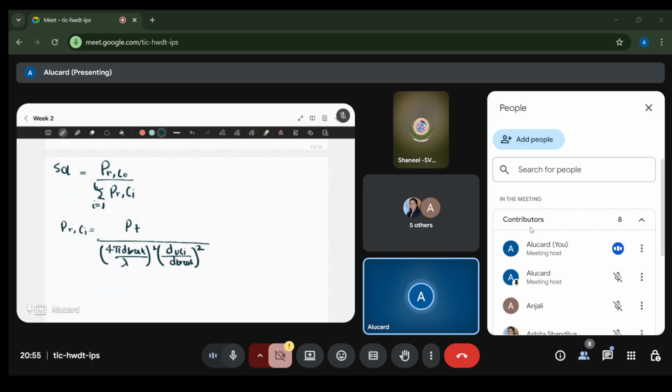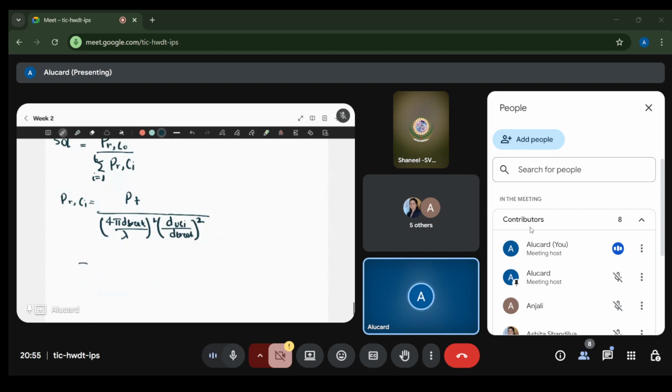Now you have to find the distance d_u,ci for each of the co-channels and substitute in the formula. You can make it a bit simpler because P transmitted, (4 pi d break over lambda) whole square, and 1 over d break whole square are the same for all the base stations.